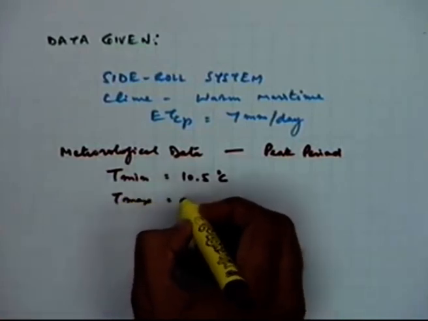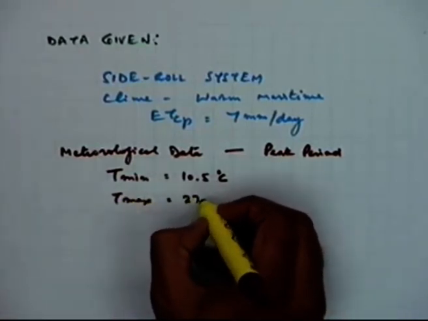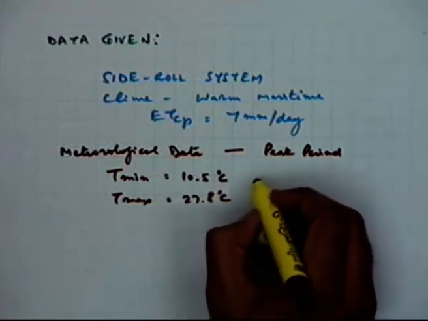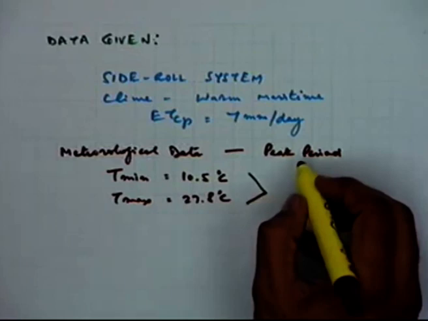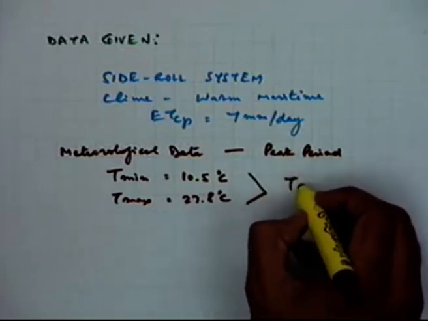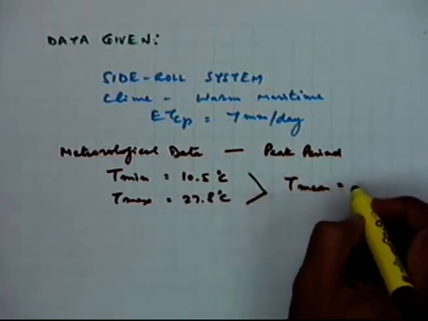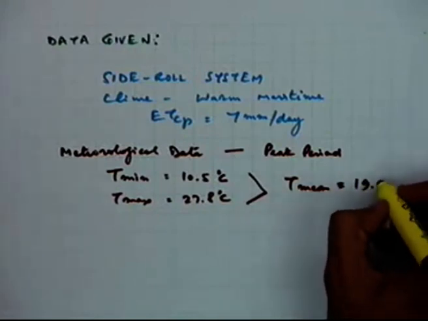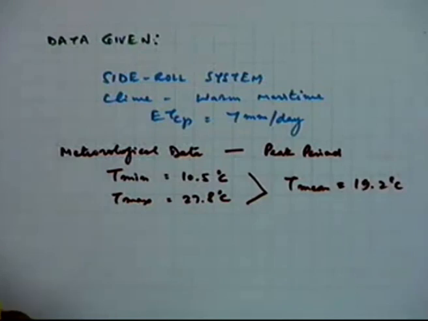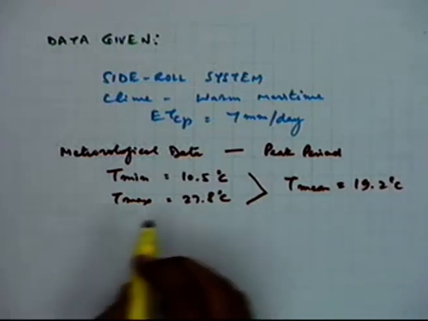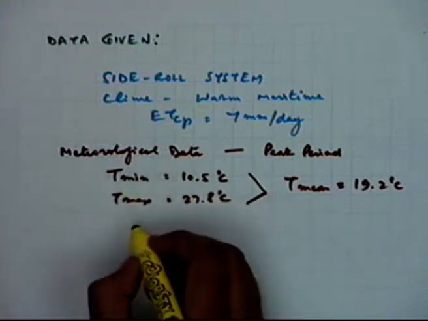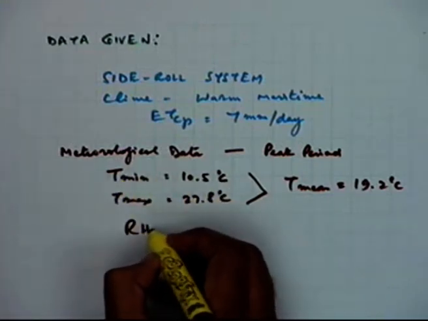The maximum temperature observed is 27.8 degrees centigrade. From this you can obtain the average temperature over the day, which is 19.2 degrees centigrade.